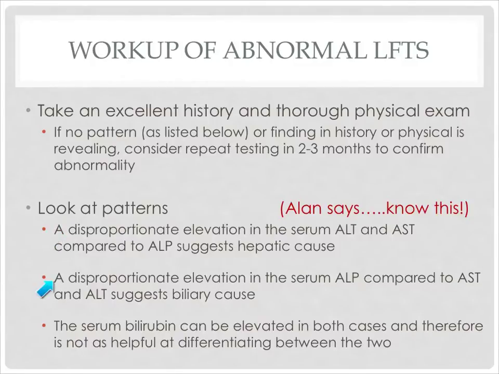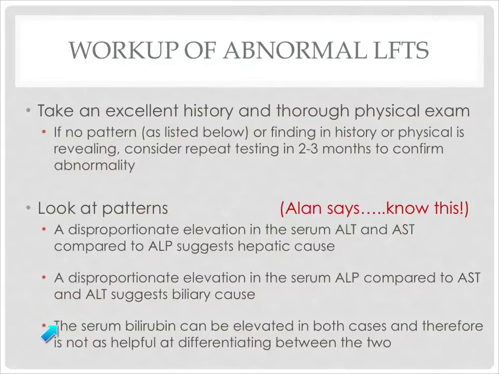A disproportionate elevation in the serum ALP when compared to the AST and ALT suggests a biliary cause. So once again, your AST and your ALT are moderately elevated, but your ALP is through the roof. That would suggest a biliary cause.